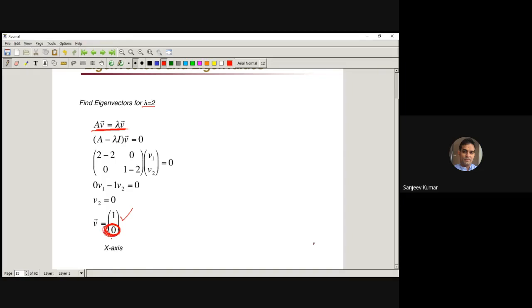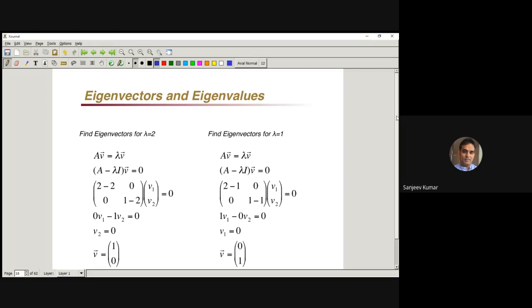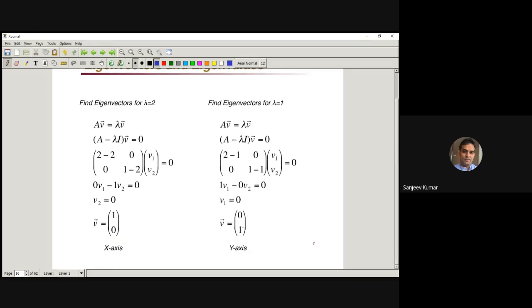If you see the two-dimensional coordinate system and I am asking you for a line on which everywhere the y component is 0, it is nothing but your horizontal axis, that is your x-axis. So the eigenvector corresponding to lambda equals to 2 is the x-axis. Similarly, the eigenvector corresponding to lambda equals to 1 comes out to be 0, 1, and it is nothing but your y-axis.